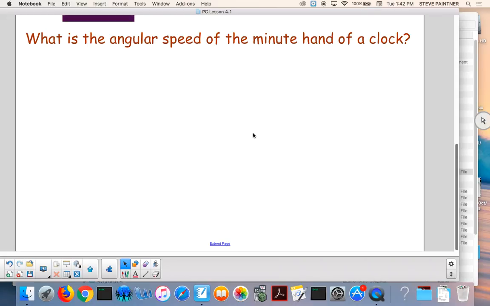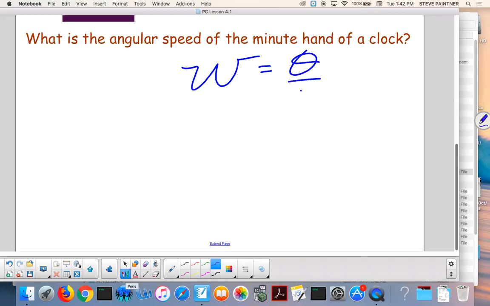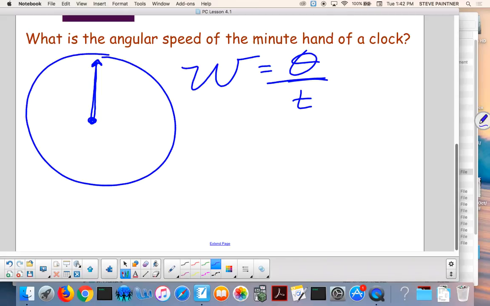Or in this one, I think we're going to do per minute. There's the minute hand. I just drew it for you. Omega. Angular speed.